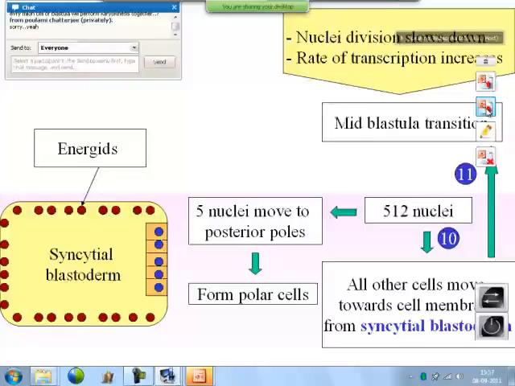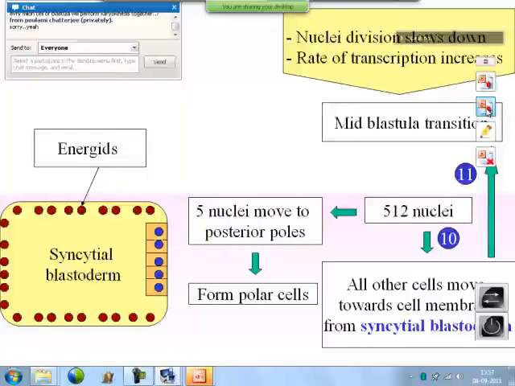And in mid-blastular transition, the time duration is from 25 minutes to 175 minutes. You can imagine the duration increase. In Drosophila it is 25 minutes, in some other species it is 175 minutes.